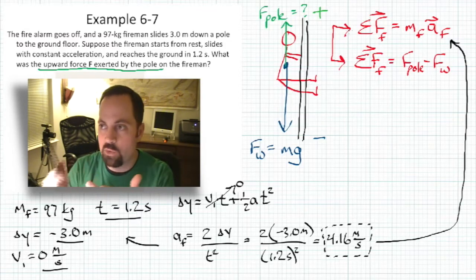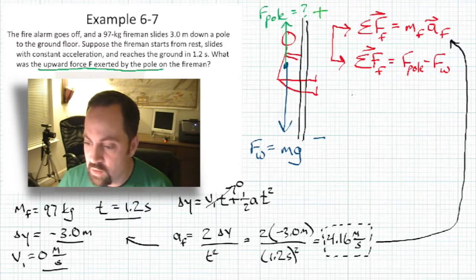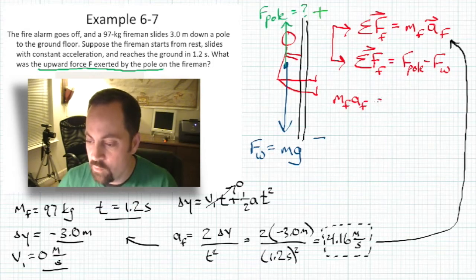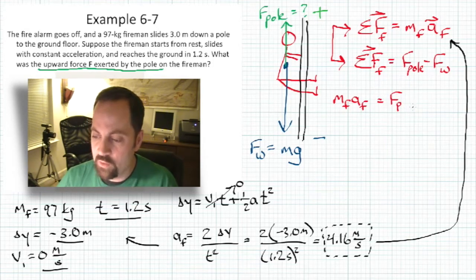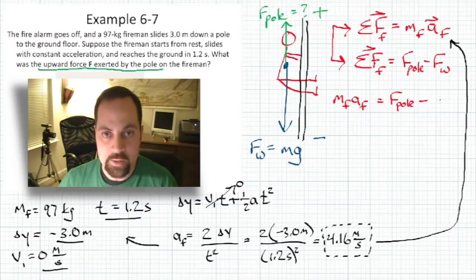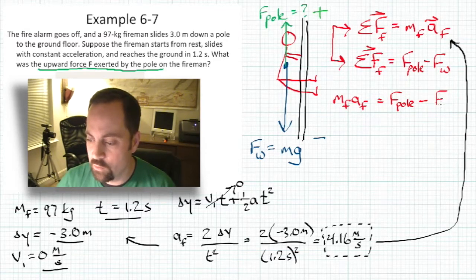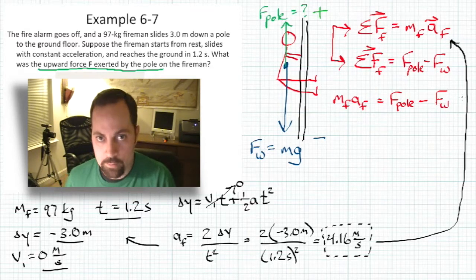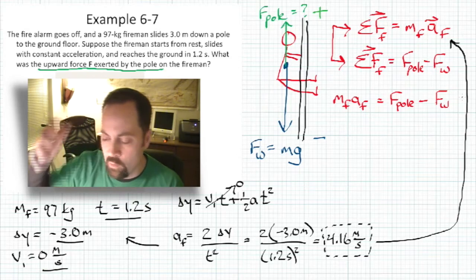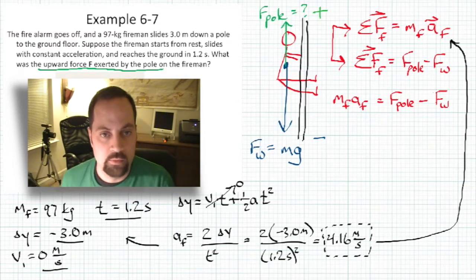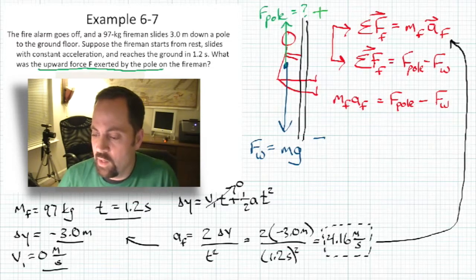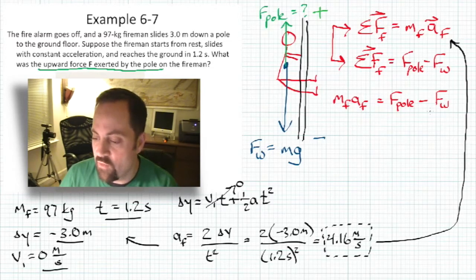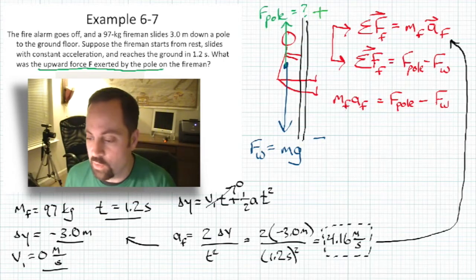If A equals B and B equals C, then A equals C. So since all this equals this down here, the mass of the fireman times the acceleration of the fireman equals the pole force minus the weight force. Or you might say the difference between the pole force and the weight force is his actual mass times his actual acceleration.